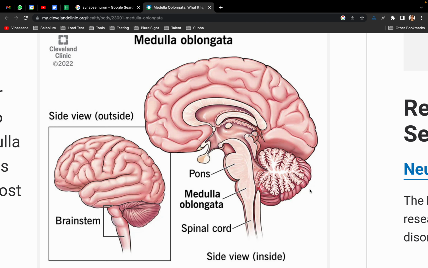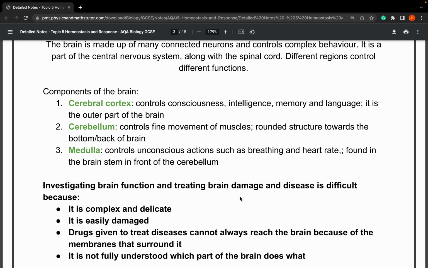Cerebellum is predominantly for balance. That is what makes you think, oh my god, the bus is swinging towards the left side, right side. That balance is by the cerebellum. Medulla takes care of lots of automatic organs like heartbeat, respiratory rate, etc. So medulla is very good for automatic control. Medulla is a very important organ.